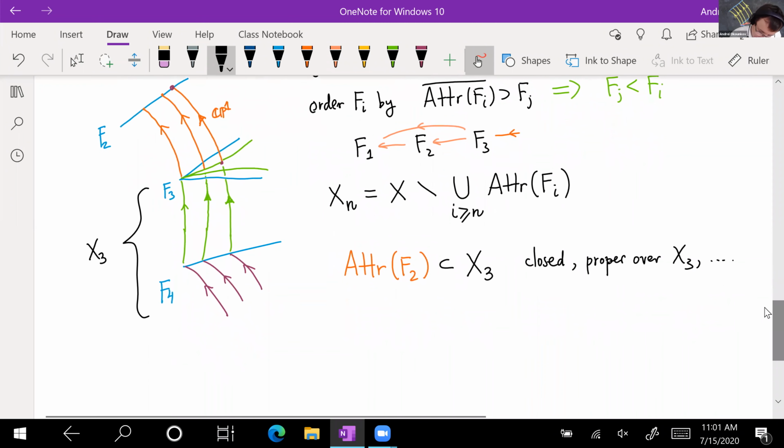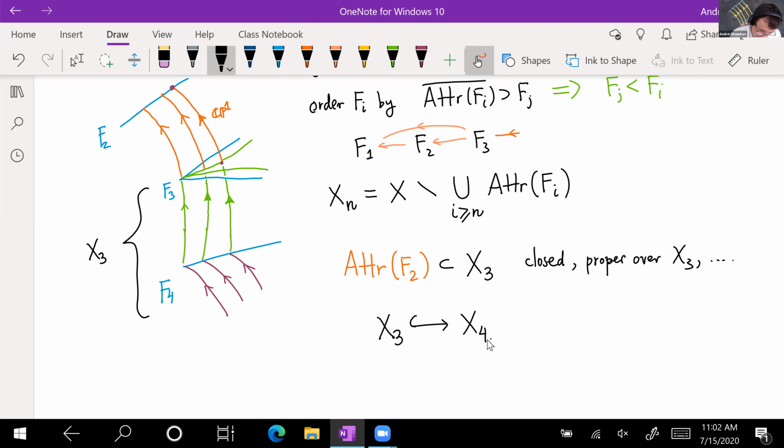And then I want to extend it one step further. Obviously X3 sits inside X4 by inclusion.